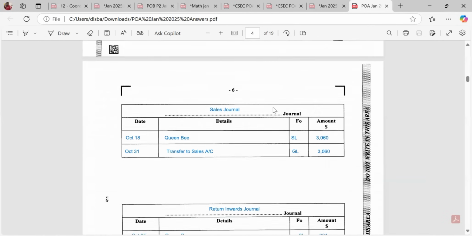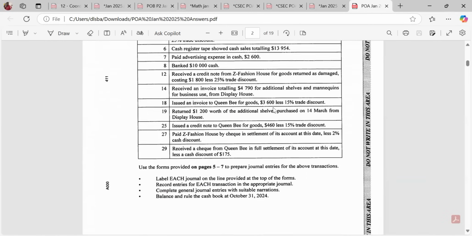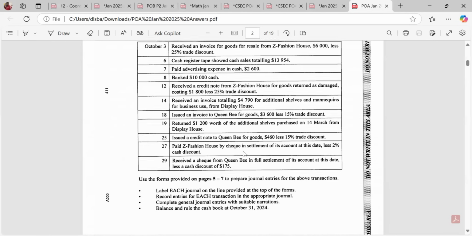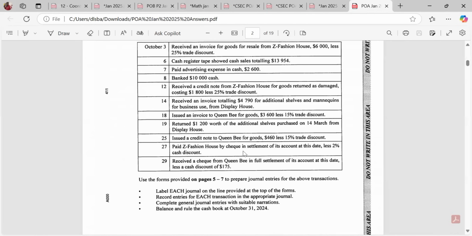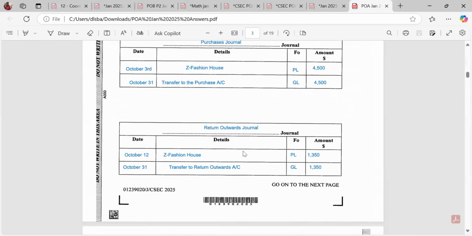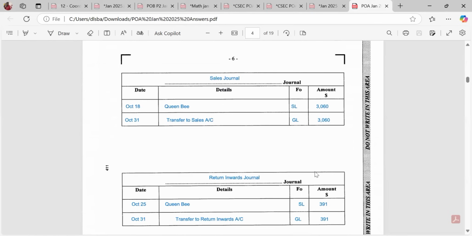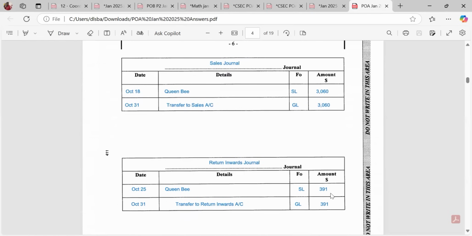Right. And then the last one was Queen B, I believe. Yep. Received a check from Queen B in full settlement of its account at this date, less a cash discount of 175. So now I have to calculate how much Queen B was owing us. In the sales journal, we see they were owing 3,060, but they returned 391 worth of goods. So they're not owing for that.